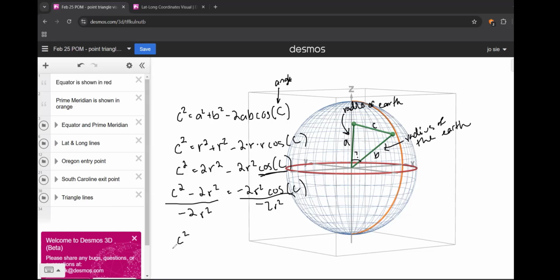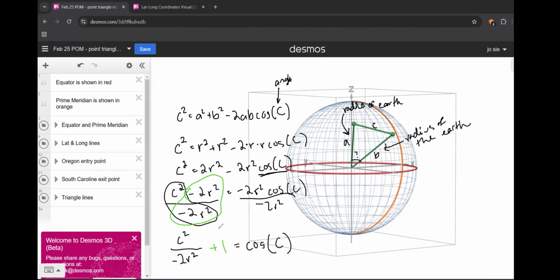We get c squared divided by negative 2r squared, so that's this part, and then over here, negative 2r squared divided by negative 2r squared, which is going to be plus 1, is equal to cosine of the angle between a and b.